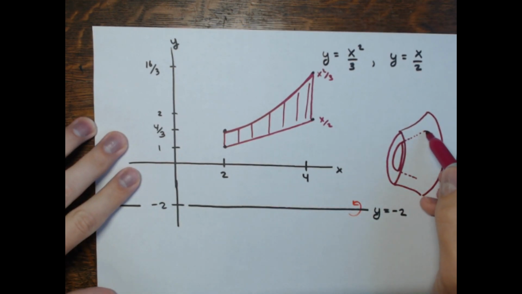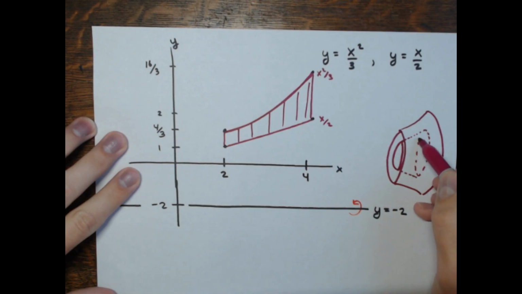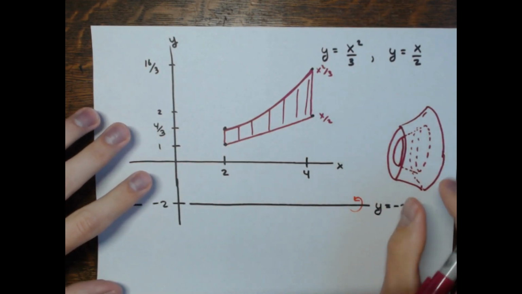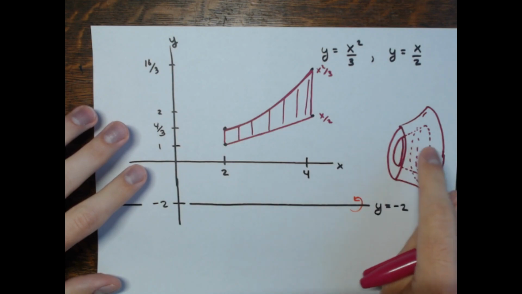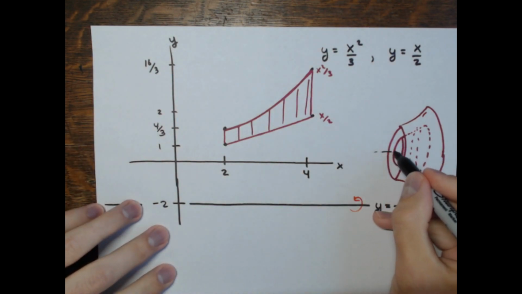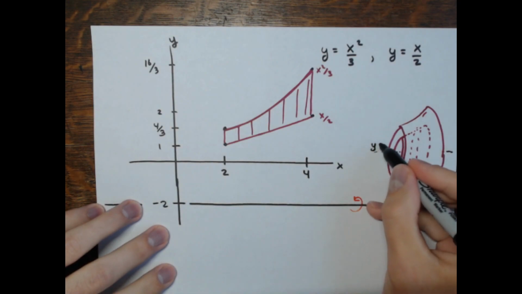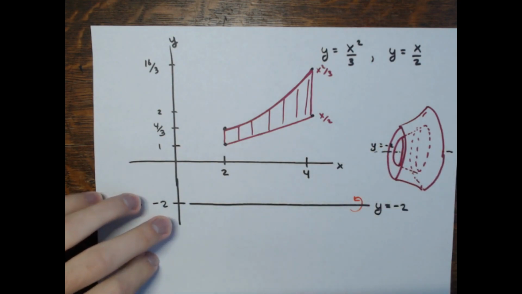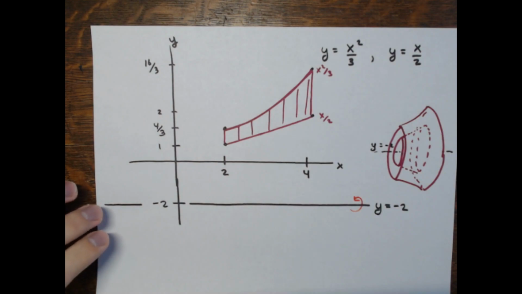And not the greatest artist. It's going to be some three-dimensional shape with a hole in it, with a cavity, they're calling it. But the line going through the center is y equals -2 now, not the x-axis.